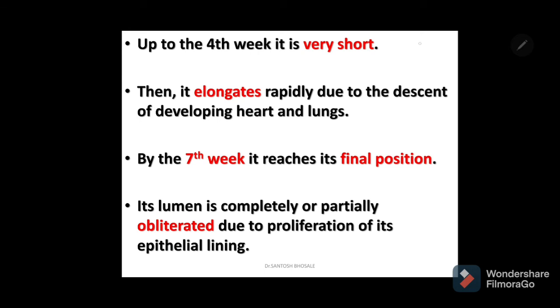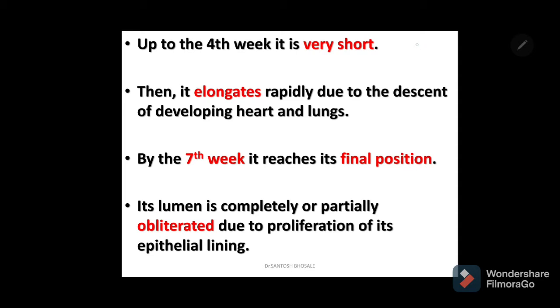Up to the fourth week, the esophagus is very short, then it undergoes lengthening. It elongates rapidly due to the concomitant descent of the developing heart and lungs, and by the seventh week it reaches the adult position. As a part of the differentiation of any part of the GI tract, its lumen is completely filled with the epithelial lining, that is obliteration.